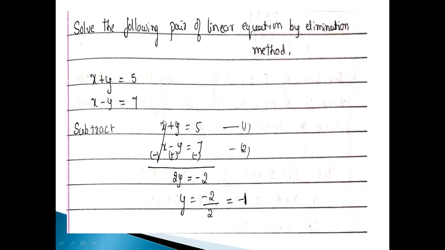First pairs are cancelled always. Our main aim is first we have to cancel the first pair and then we get the value of the second variable, and substitute that value in any equation. We get the other variable value.